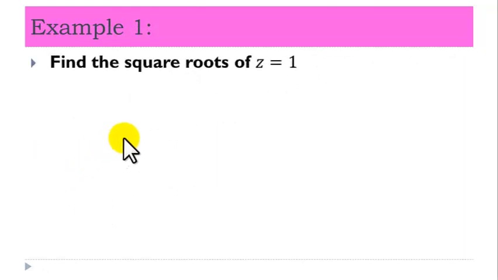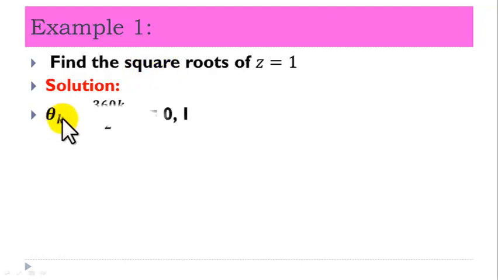Example 1. Find the square root of z equal to 1. Solution. Here n is equal to 2 because we are finding the square root. So theta k is equal to 360k all over 2 for k equals 0 and 1.